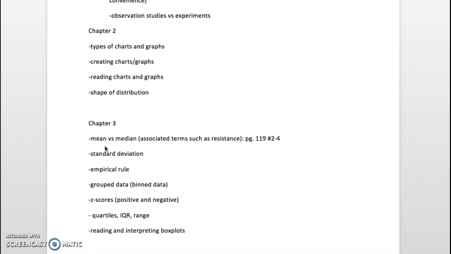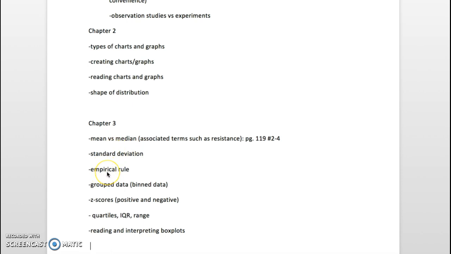For example, your book talks about resistance and what happens with the relationship with mean and median when you're skewed right versus skewed left. So don't get so focused in Chapter 3 on calculations that you forget to really go back to the concepts. So Chapter 3, you'll have a mix of types of questions. You want to make sure that you can calculate all of the basic things.